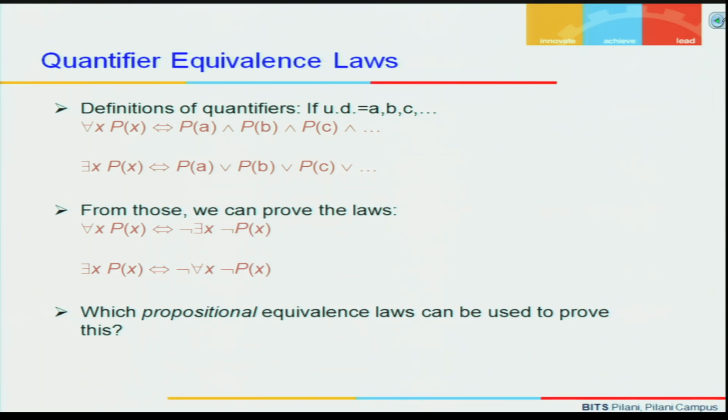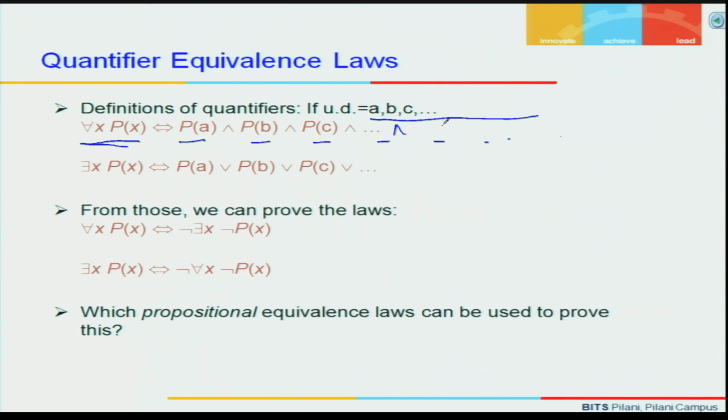For all x Px, when I say this and say my universe of discourse happens to be A, B, C, that means my universe of discourse may be countably finite or countably infinite, it's a set which has lots of objects. When I say for all x Px, it is equivalent to saying PA, PB, PC, PD, and so on.